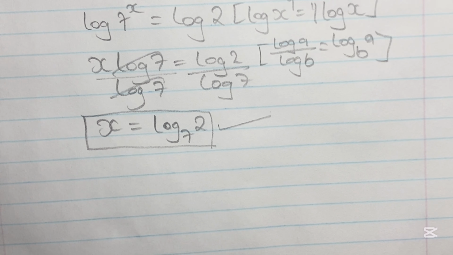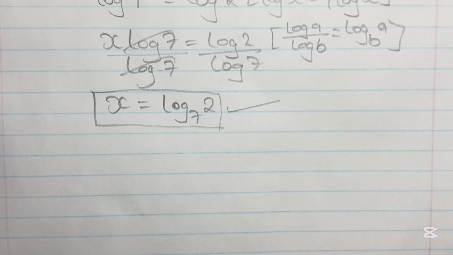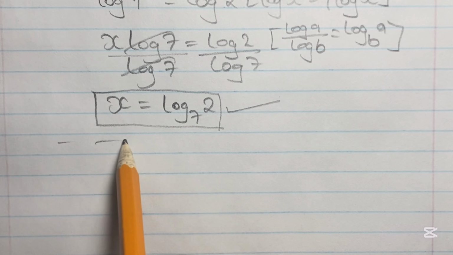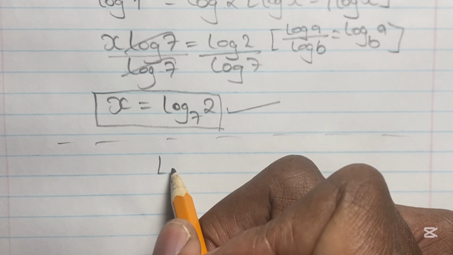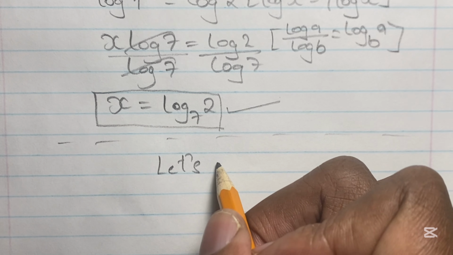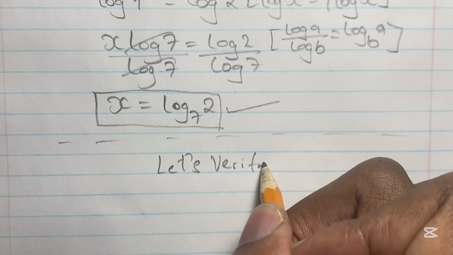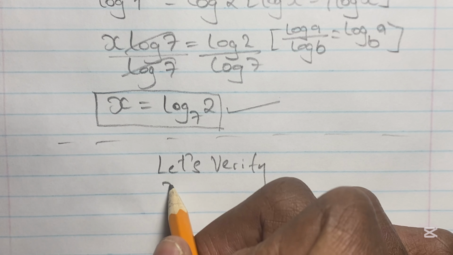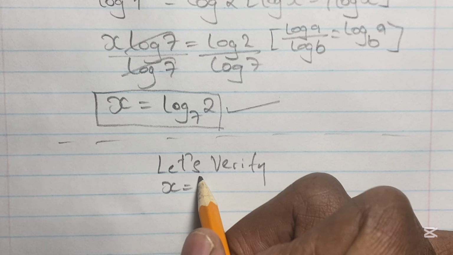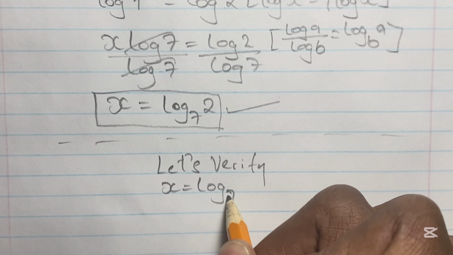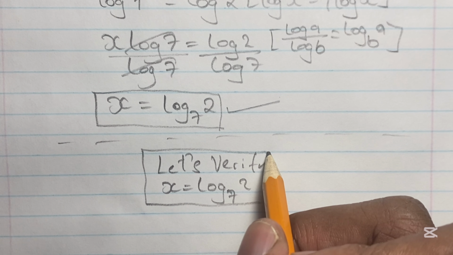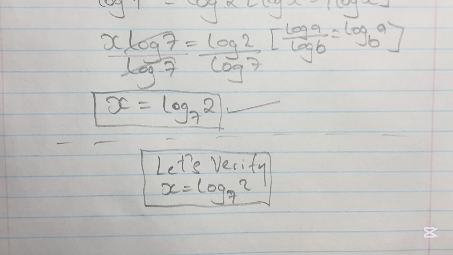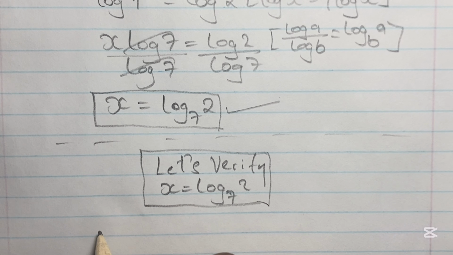Now from here we can verify the solution to see if it is true. We verify this by plugging in the value of x into our equation. So let's go ahead and do that. We say that x is equal to log base 7 of 2, and we're now going to verify this solution.